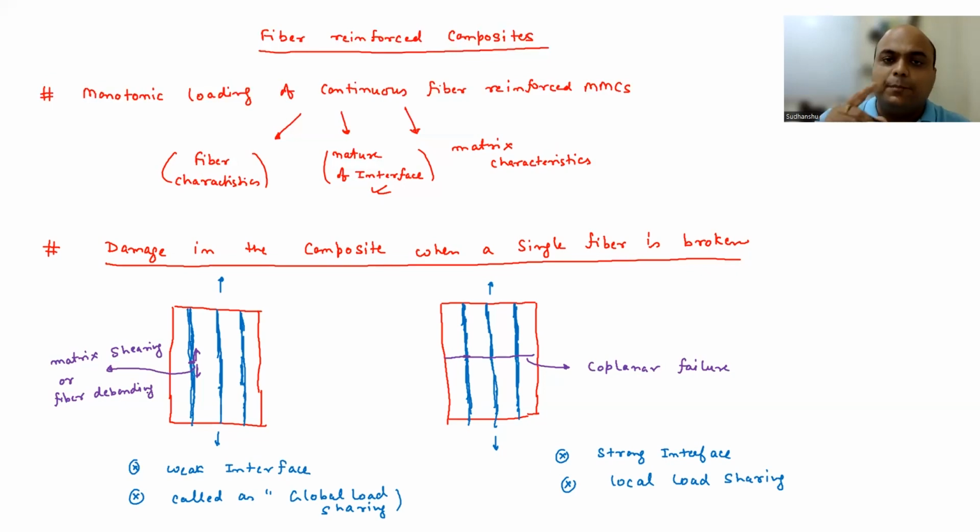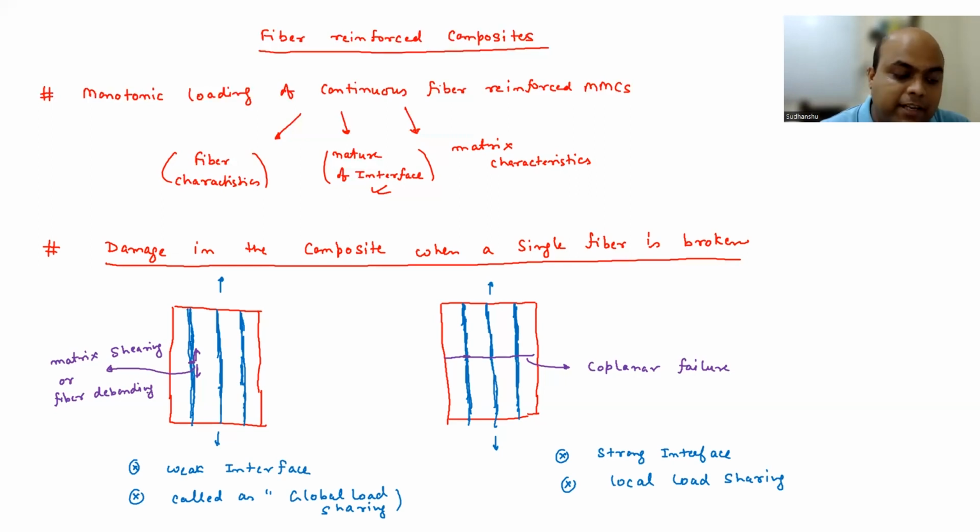So once the fiber is fractured in the first case, you are going to see the debonding of the matrix, or of the interface between the matrix and the fiber.